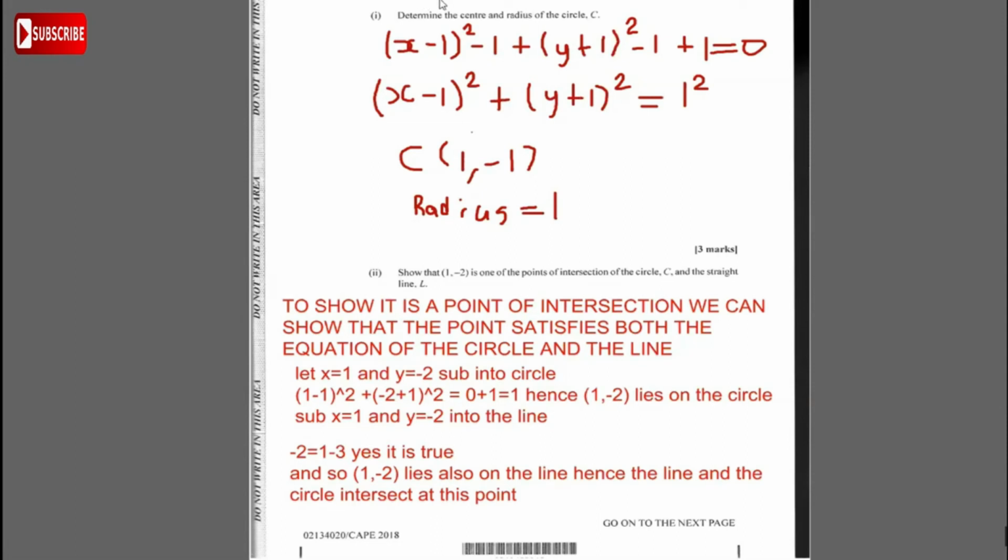You have x² + y² - 2x + 2y + 1 = 0. I think this was the right equation.